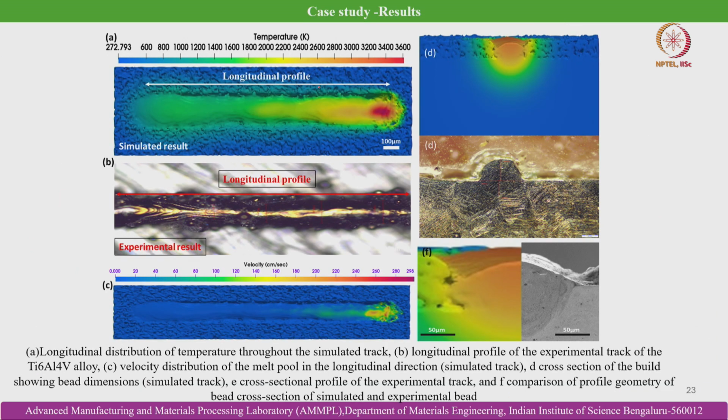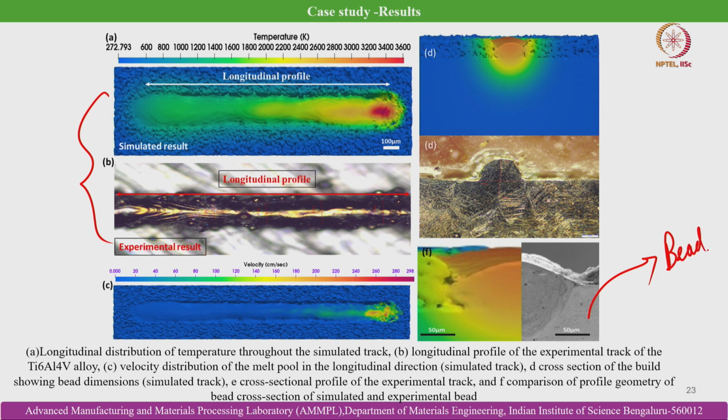So these are some of the results obtained from the simulation studies. You can see the longitudinal profile, that is the simulated result, and also the corresponding experimental validation, which depicts the accuracy of the numerical simulation results. Apart from the longitudinal profile, you can see the cross section, or more specifically the bead cross section.